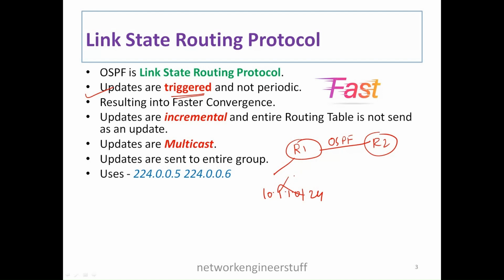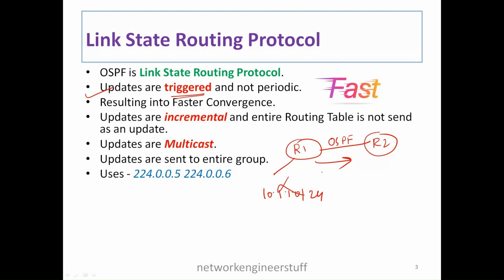Now, as soon as this goes down, R1 immediately will send the update to its OSPF neighbor, that is R2, that this particular network, 10.1.1.0/24, is down. So it sends it immediately. So I've written here triggered update, because it's triggered by an event and it's not periodic.